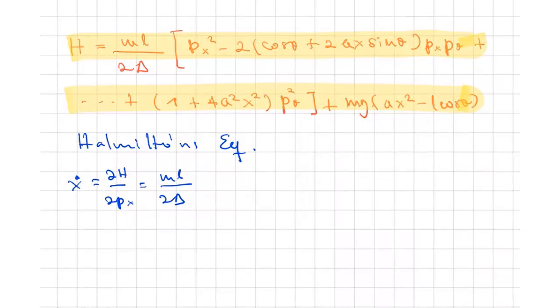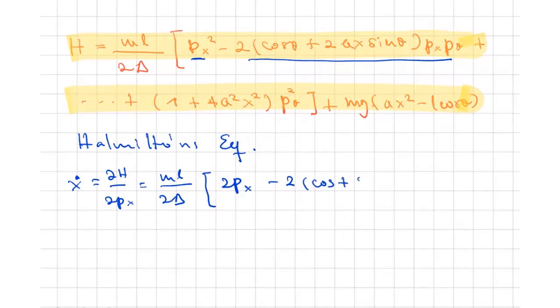So this is the derivative of this one. It would be 2 px. Okay, 2 px, the derivative with respect to px of this one would be minus 2 cosine of theta plus 2ax sine of theta p theta. And this is the first Hamilton equation.